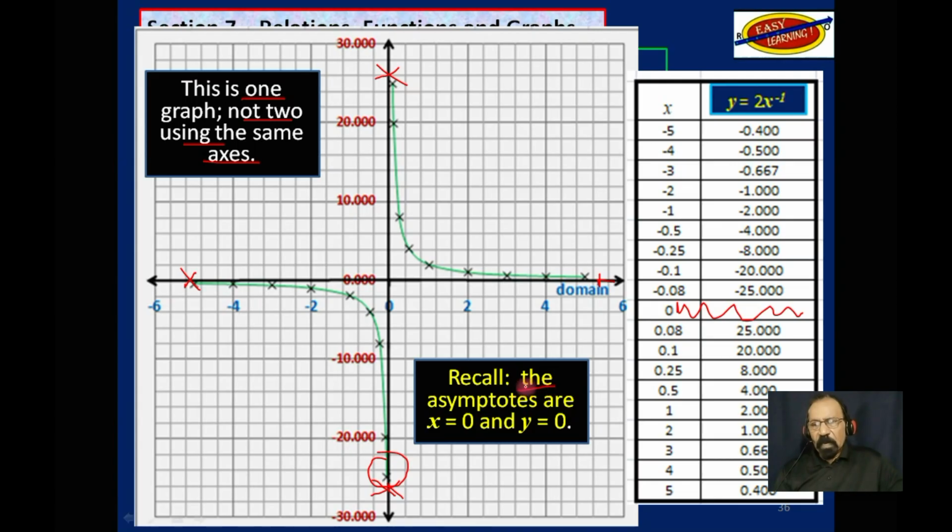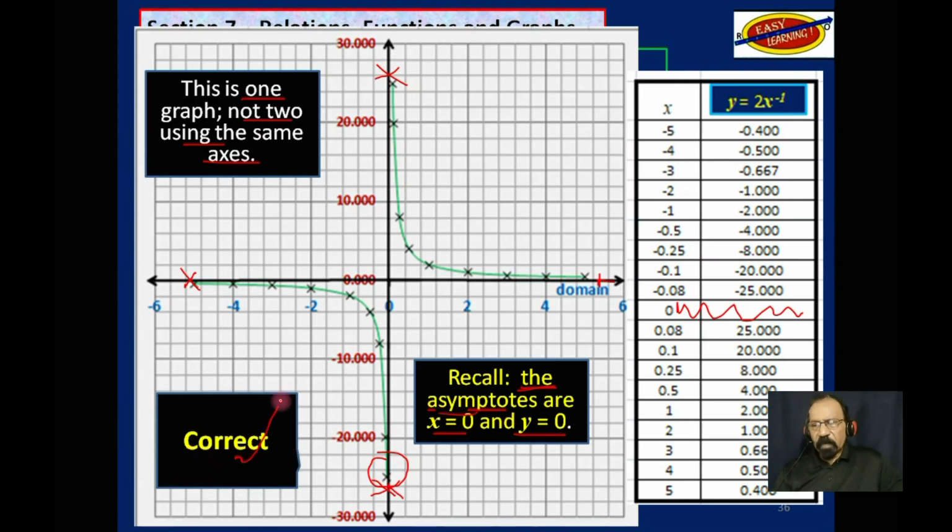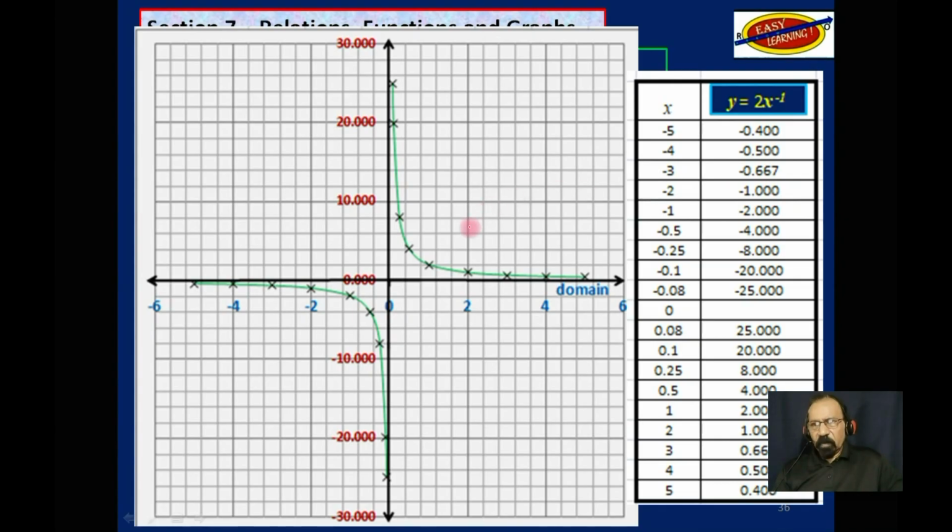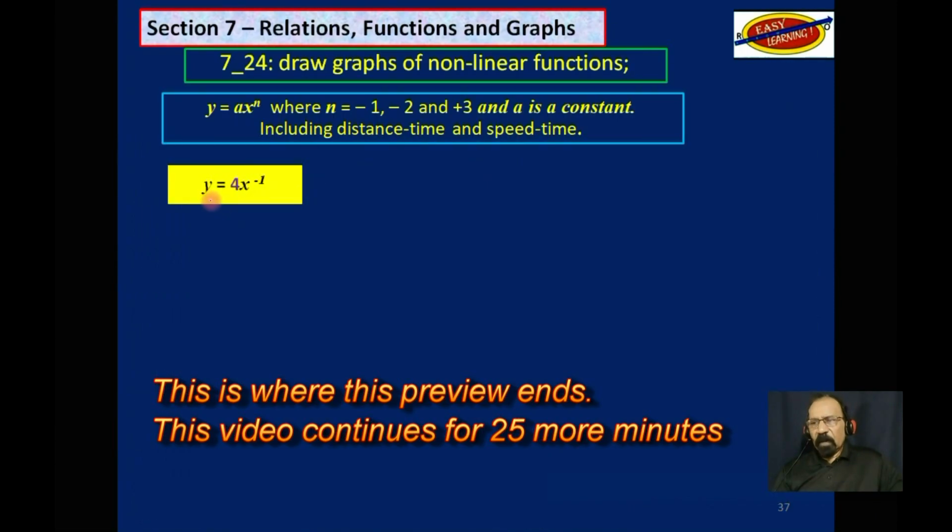Recall those lines, x is equal to 0 and y is equal to 0, are called asymptotes. So now this is our correct graph. So this is the correct graph that we have here for y is equal to 2x to the -1. Now let's try y is equal to 4x to the -1.